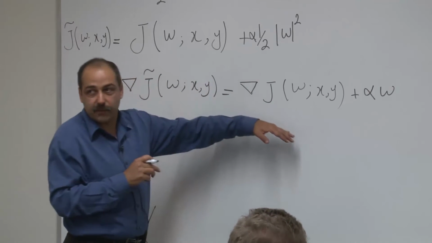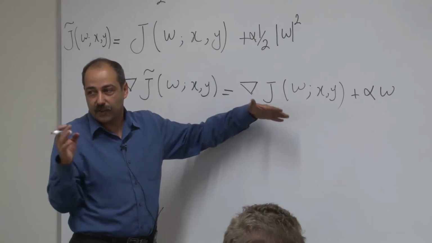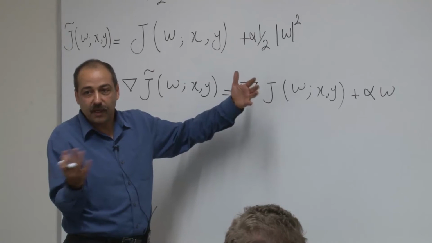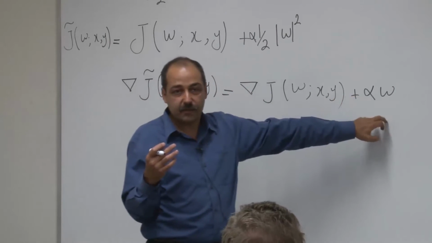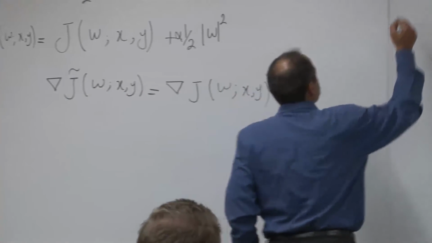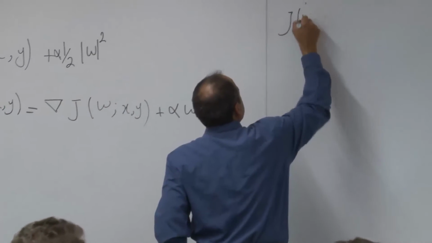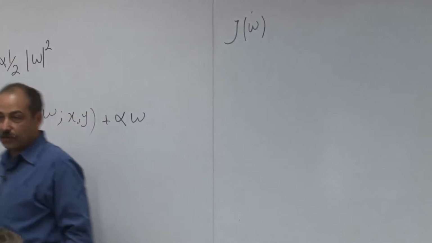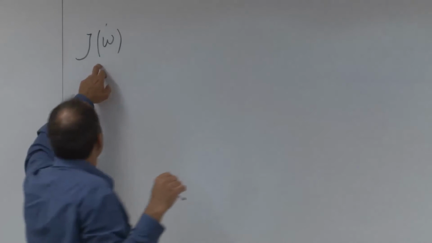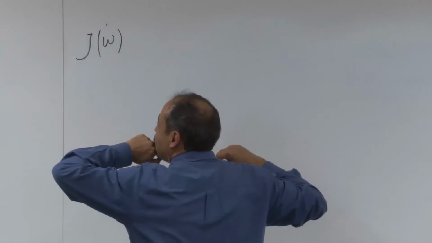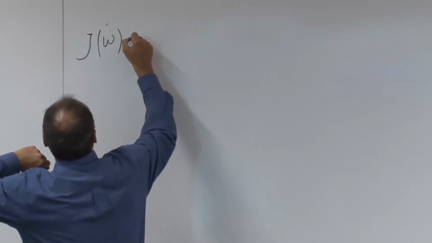I'm going to assume that I have a Taylor expansion of this and then see how the solution is going to change when I add a term to it. For simplicity, I write my objective function as a function of w. I don't write x and y because my penalty is just a function of w in this case. In some cases, it's not. So here I just write it as a function of w.